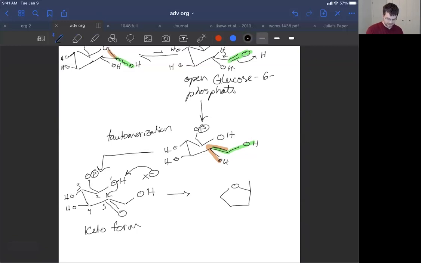And we could have CH2OH, OH here, and then we go up, down, up, CH2OP. So there's our isomerization from a 6-membered ring to a 5-membered ring, where the bond that was formed is this bond here. And there's our 5-membered ring.